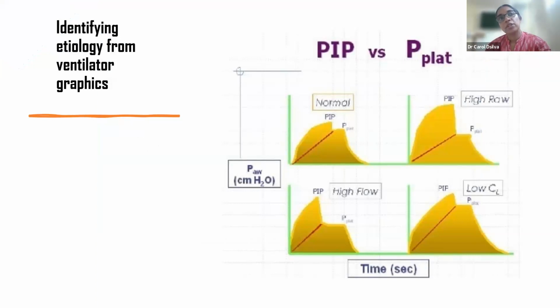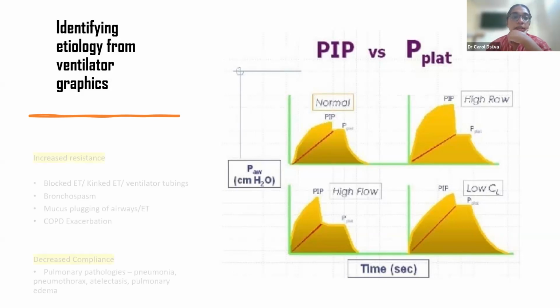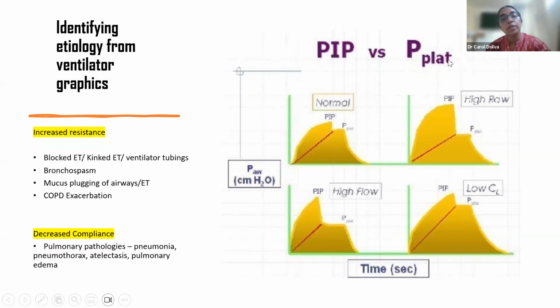Your peak airway pressure can increase in two conditions. One is increased resistance, or a decrease in the patient's compliance. Resistance means any issue with the tracheobronchial tree. And compliance involves something to do with the chest wall or the alveolar pathologies or lung pathologies per se. With increased resistance, commonly what you will see is an increase in the peak airway pressure, but your plateau pressures are normal.